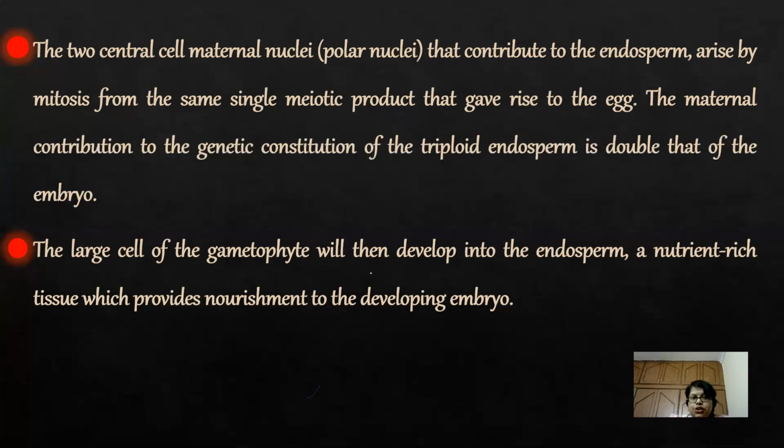The large cell of the gametophyte will then develop into the endosperm. What is the function of this tissue? Why is it so important? It is important because endosperm is a nutrient-rich tissue that provides nourishment to the developing embryo.